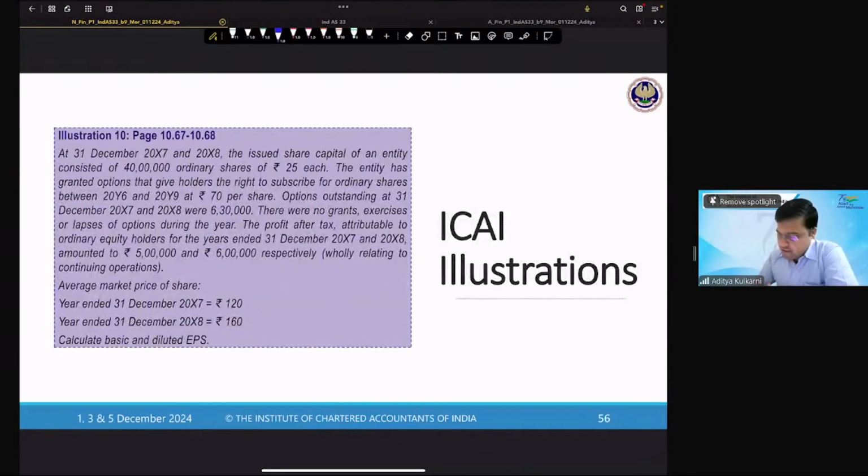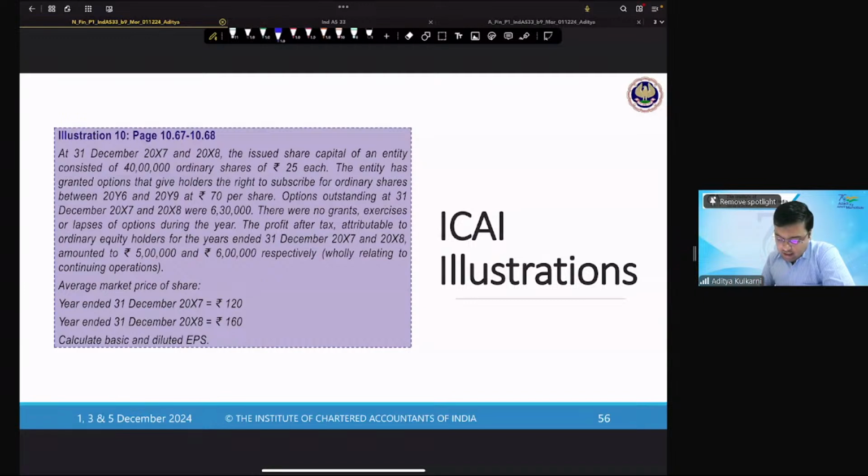At 31st December 20x7 and 20x8, the issued share capital of an entity consisted of 40 lakh ordinary shares of rupees 25 each. The entity has granted options that give the holders the right to subscribe for ordinary shares between Y6 and Y9 at 70 per share. Options outstanding at 31st December 20x7 and 20x8 were 6,30,000.